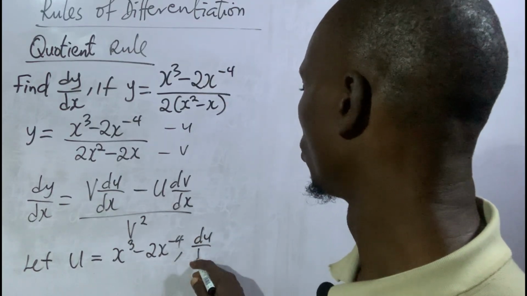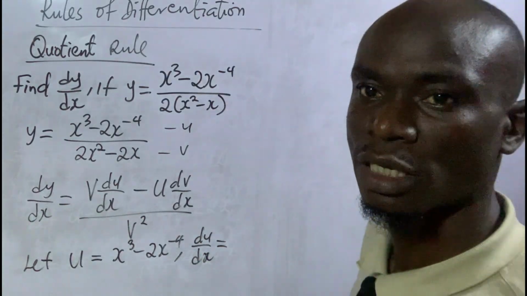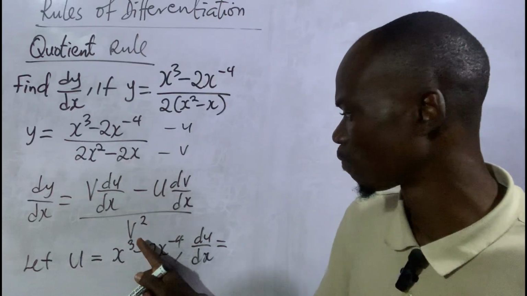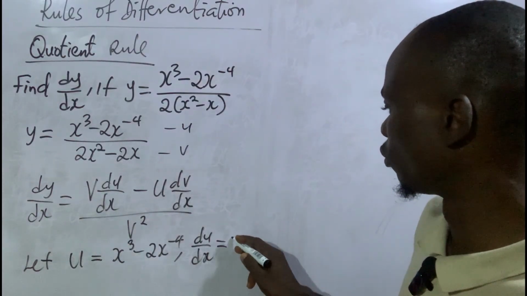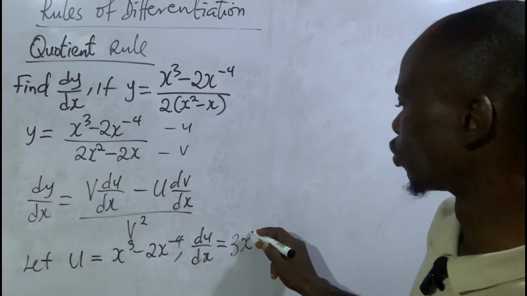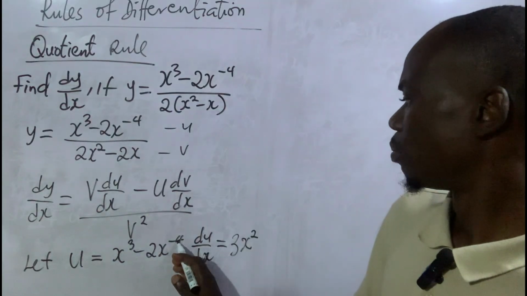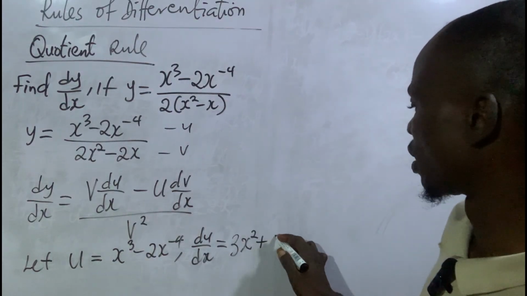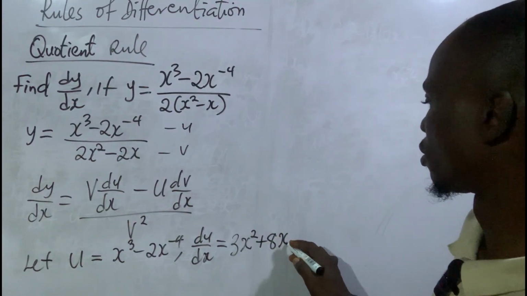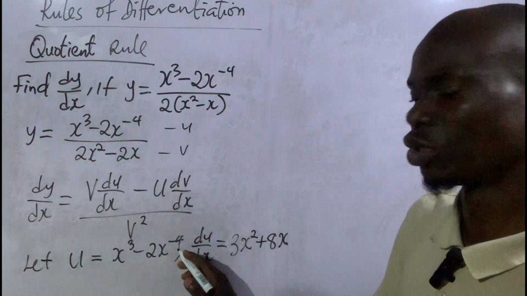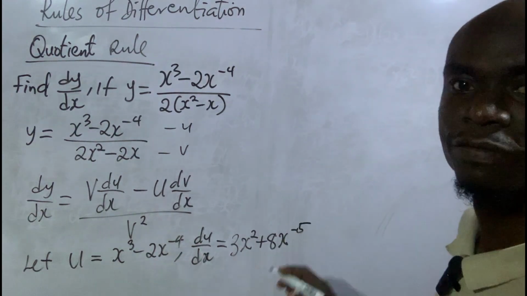Then du over dx, as usual, polynomial differentiation. 3 times x will give us 3x, 3 minus 1 is 2. Minus 4 times minus 2 will give us plus 8x. Then minus 4 minus 1 will give us minus 5.